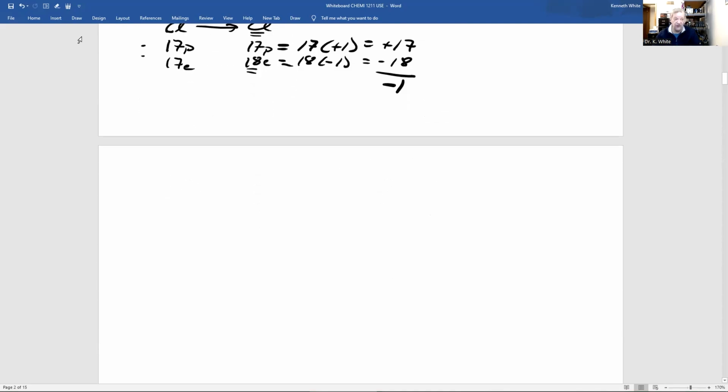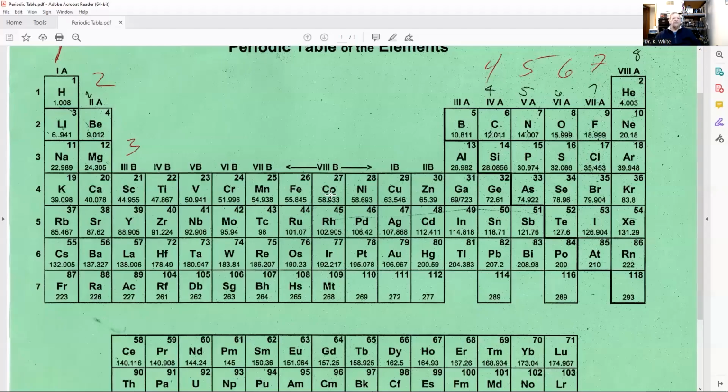Now you can do oxygen. What ion does oxygen form? I'll help you out. Oxygen has a chemical symbol of O. And here's a periodic table. Your turn.